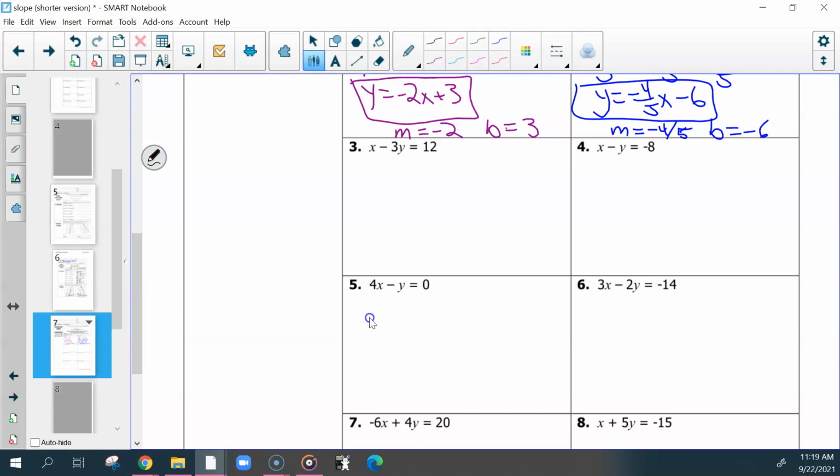All right, let's jump to number 3. Same process, we're trying to get y by itself. So we would subtract to the other side.